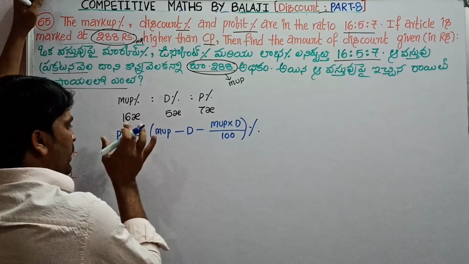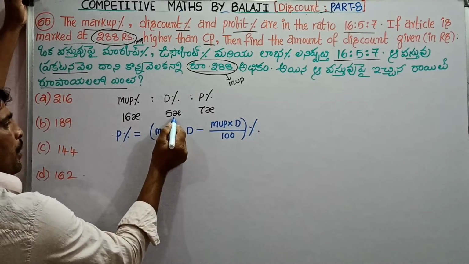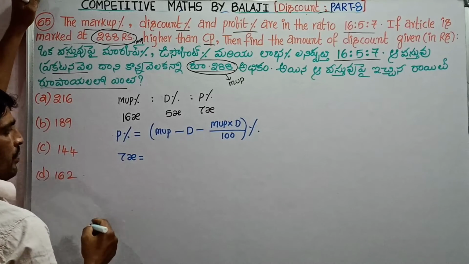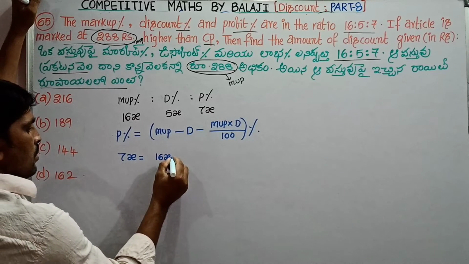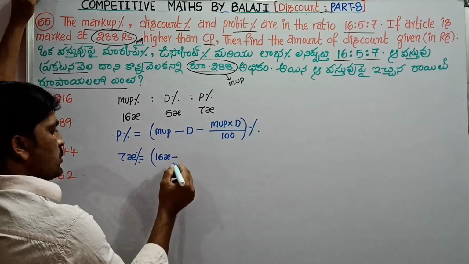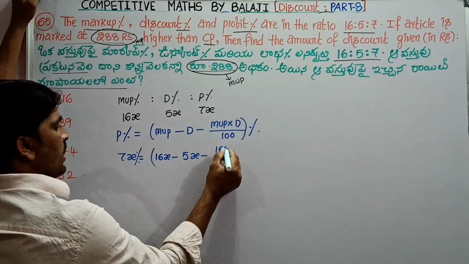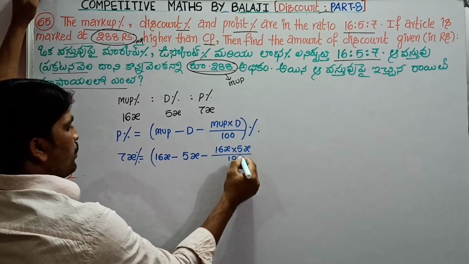Therefore, profit percentage is 7x and markup is 16x, so 7x is equal to 16x minus 5x minus 16x into 5x over 100.